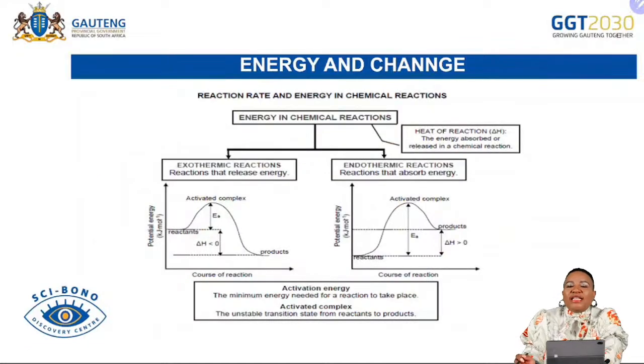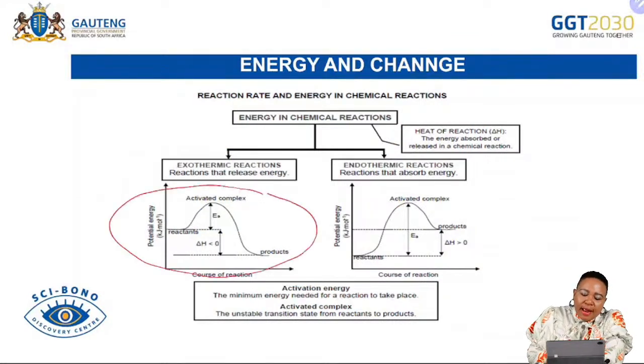We also look at the different graphs of endothermic and exothermic reactions, and in grade 11 we also labeled the graphs. This one is a graph of an exothermic reaction. So you need to know how to calculate the enthalpy of a reaction, and how to identify the activation energy of the reaction.